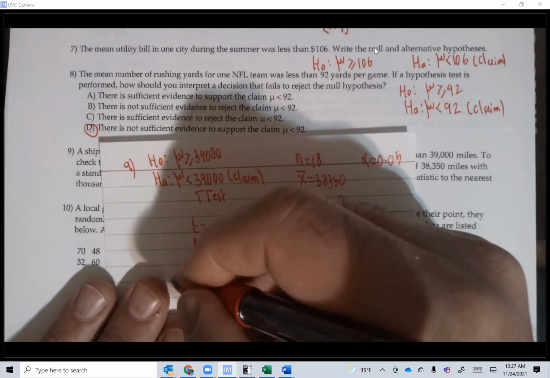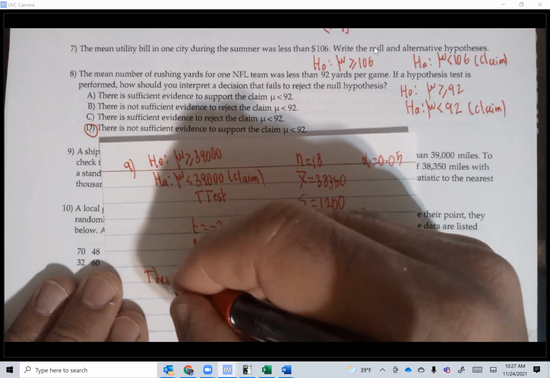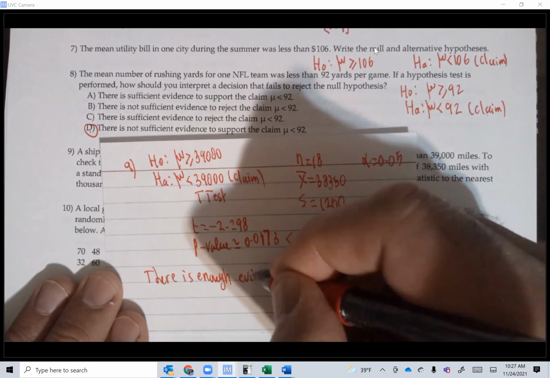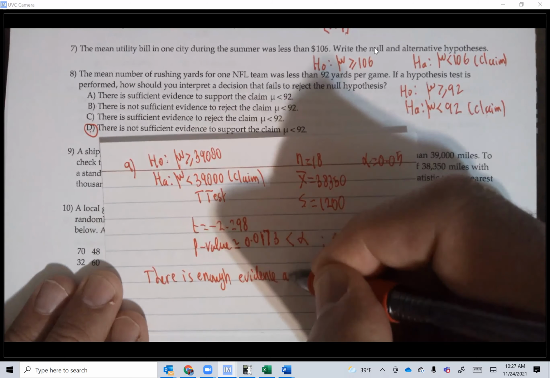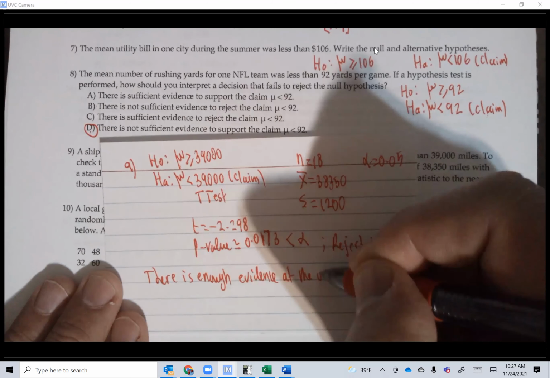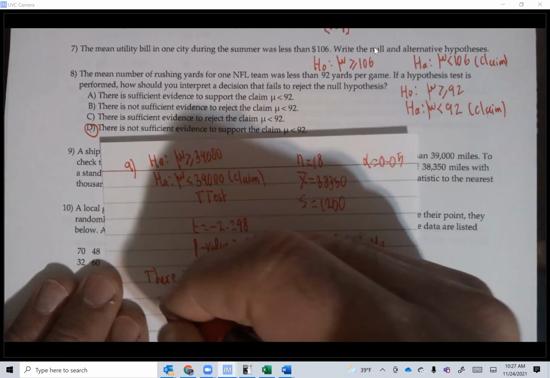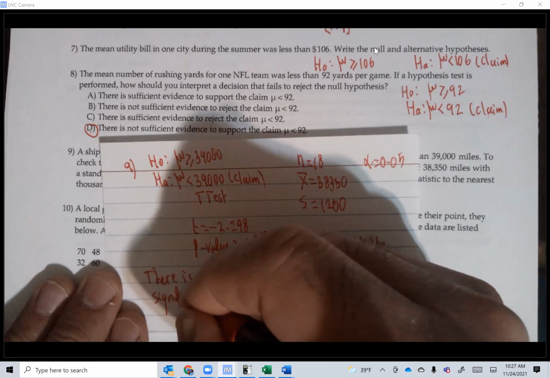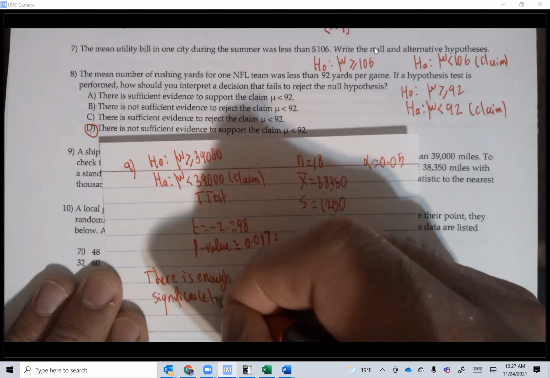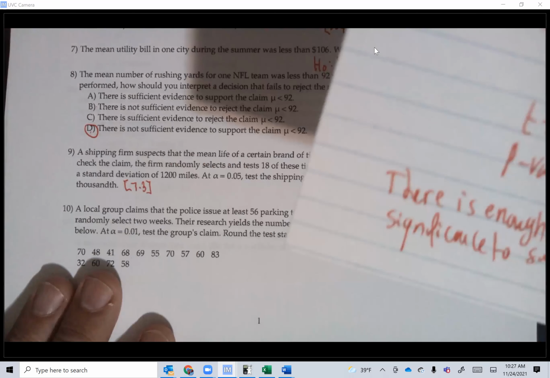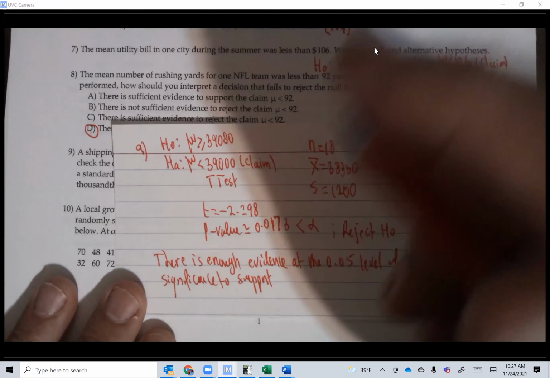And we say there is enough evidence at the 0.05 level of significance to support the shipping firm claim.